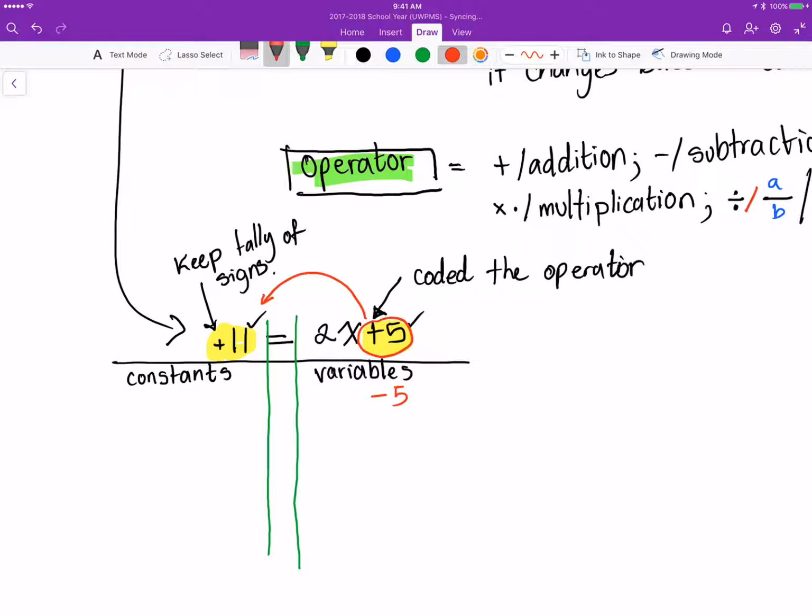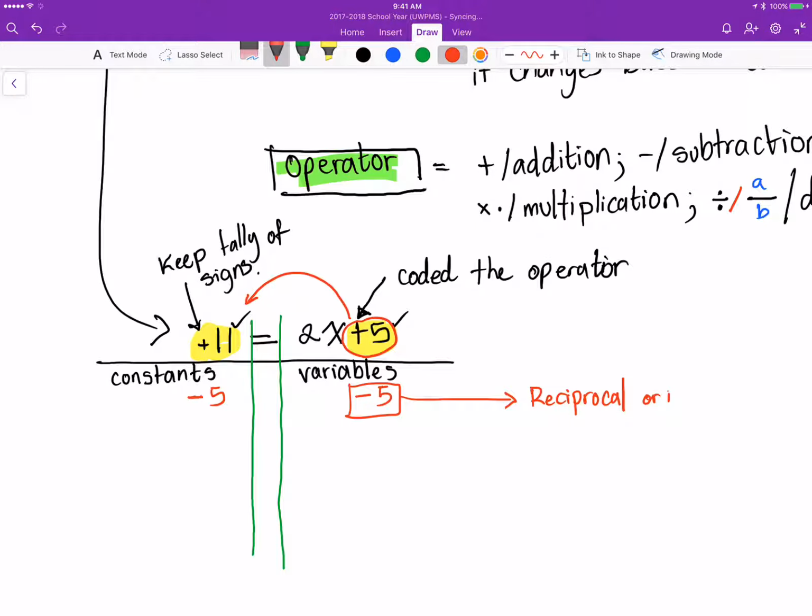Minus 5 and minus 5. And this is called the reciprocal. Or opposite. Not opposite. Let's use a more mathematical term. You might hear Mr. Outram talk about the inverse. But to sound like a true mathematician, you want to use reciprocal.